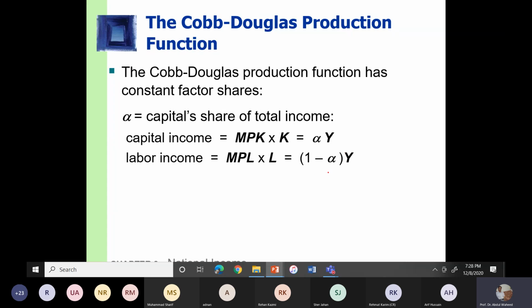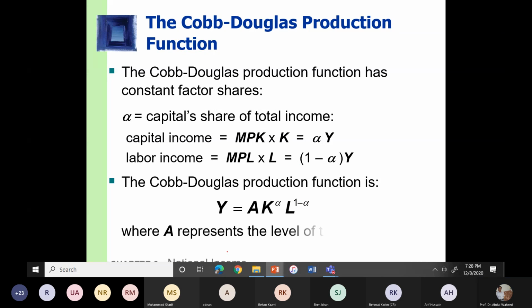So this income multiplied by 1 minus alpha is the labor income. So this is the Cobb-Douglas production function where this A represents the level of technology. The capital share is alpha, and the labor share is 1 minus alpha.